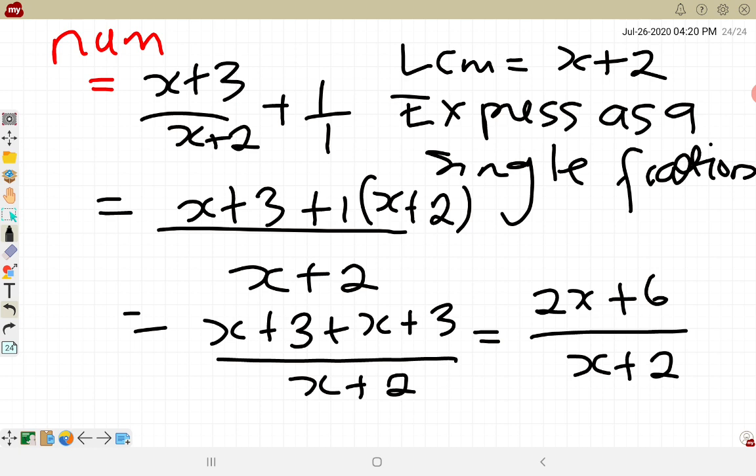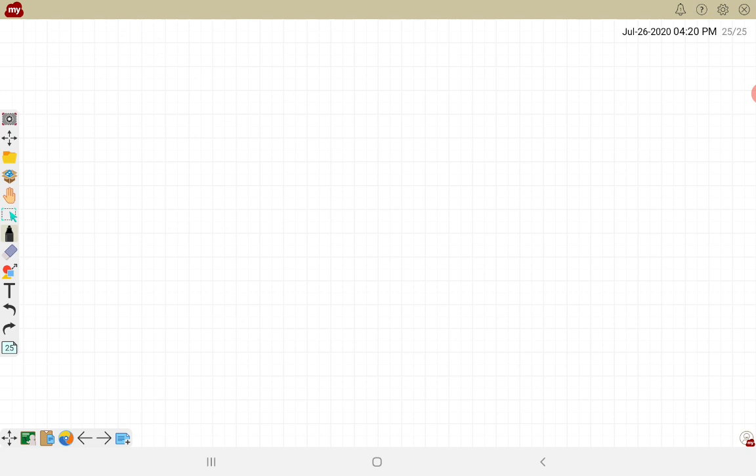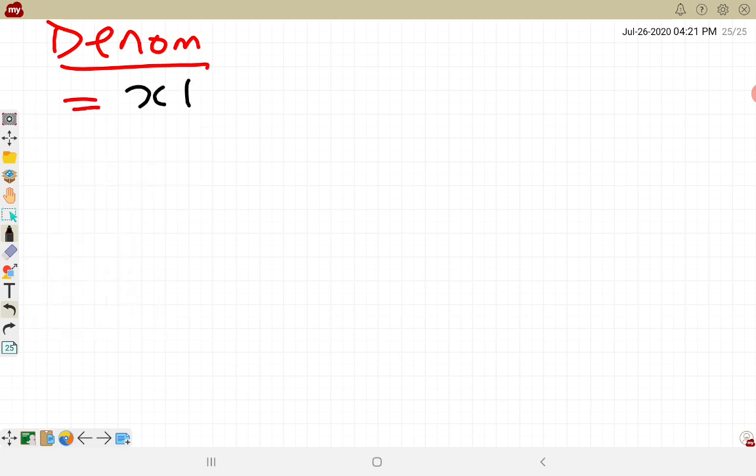We simplify the denominator as well. So the denominator is equal to x plus 3 over x plus 2, minus 1. So take the lowest common multiple as well.